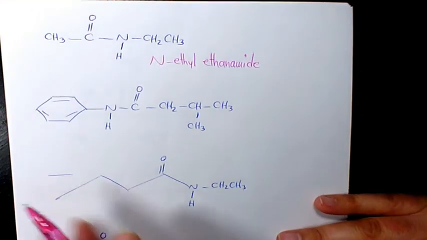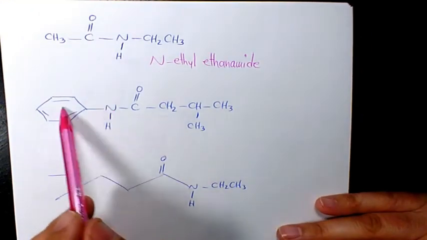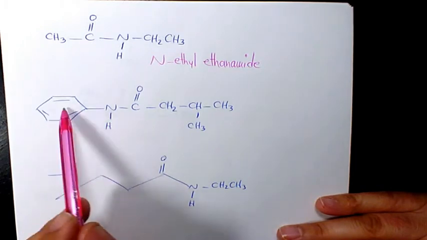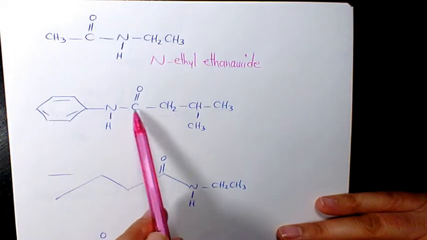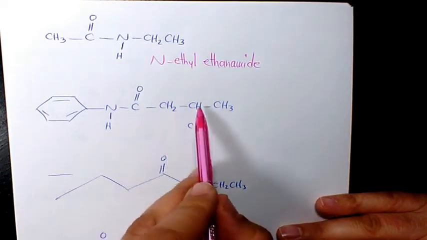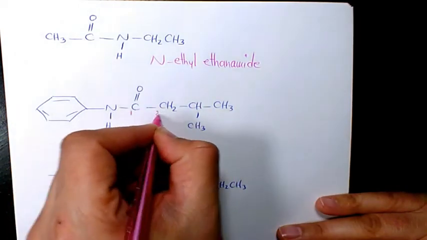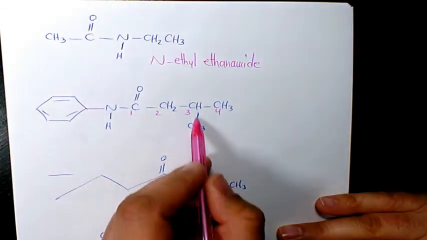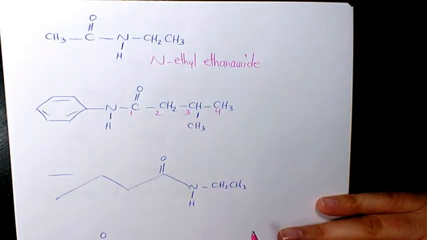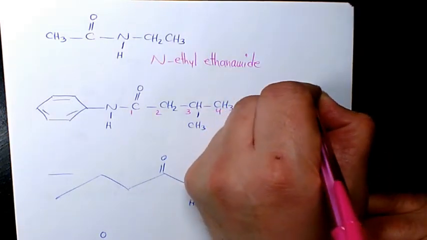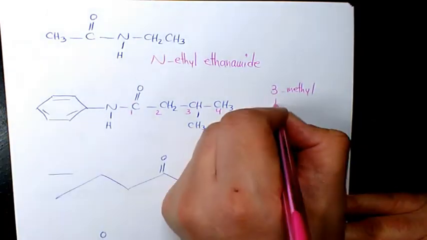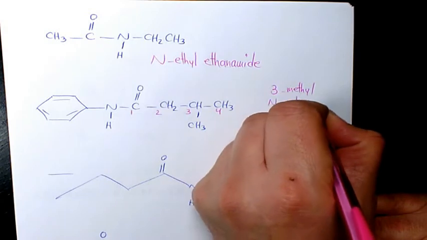Next one. Here again we have the 2 hydrogens, one of them is substituted with a phenyl group. And on this side we have 1, 2, 3, 4 carbons, and we have a methyl group in here. So it's going to be 3-methyl, and we have N-phenyl.